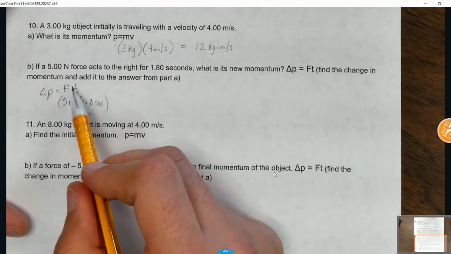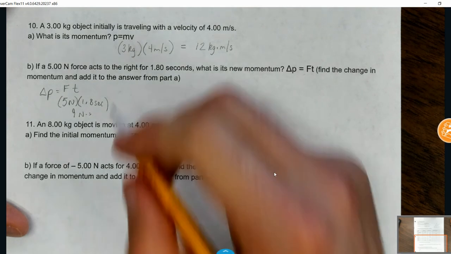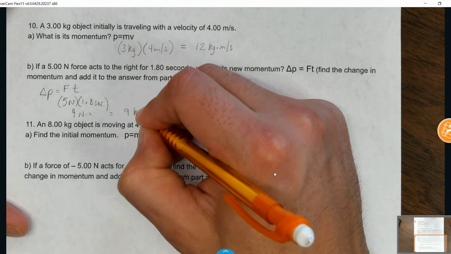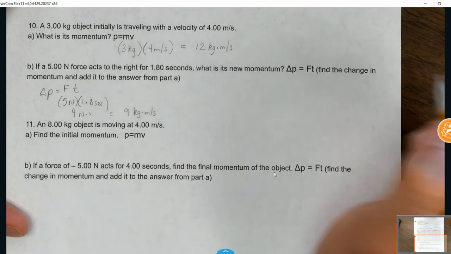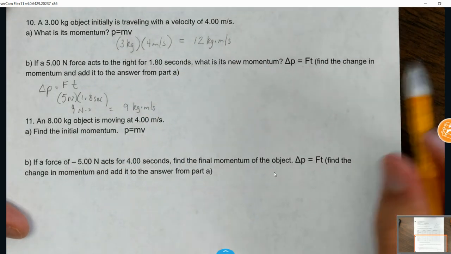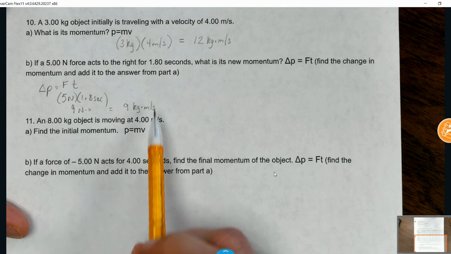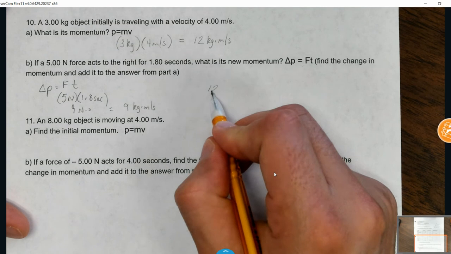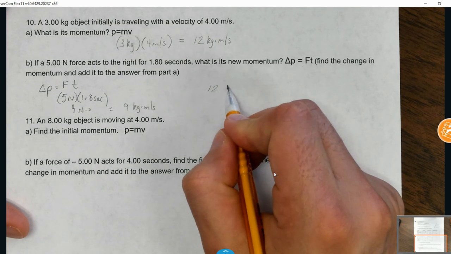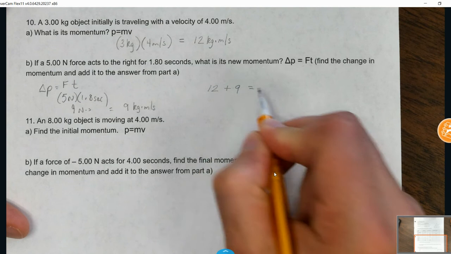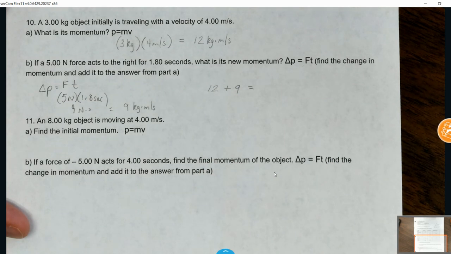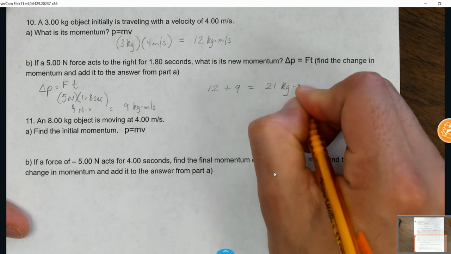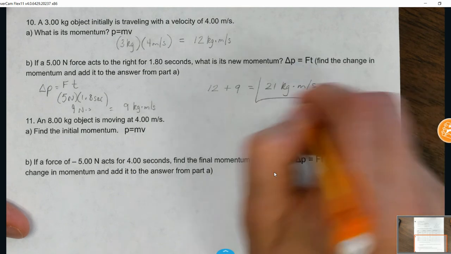But remember that an impulse is equal to change in momentum. So 9 Newton seconds is equivalent to 9 kilogram meters per second. So that's the change. That's not the final. The new total momentum would be your 12 plus the 9. Okay, and you're going to get 21 kilogram meters per second.